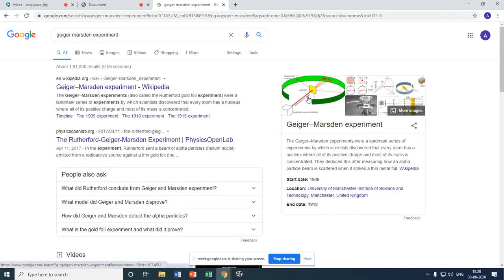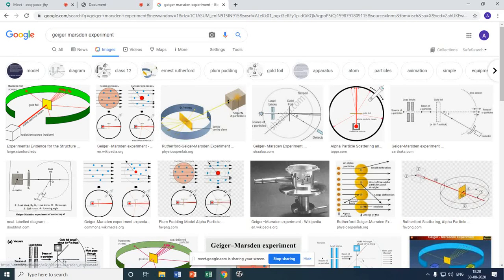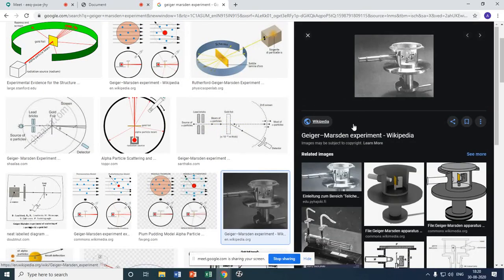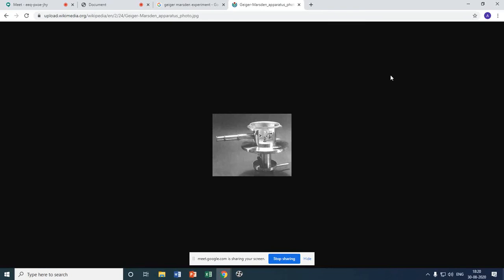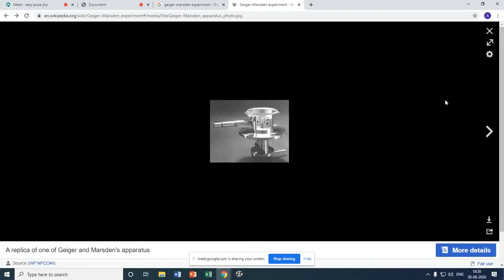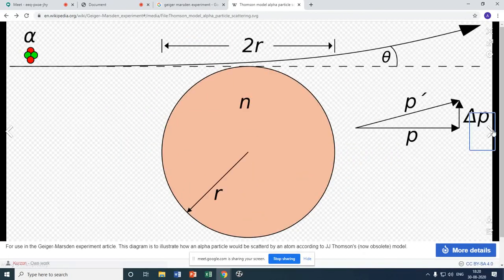I just want to show you this picture of the Geiger-Marsden experiment. This is the actual one. You can see the alpha particles getting scattered, this is the scattering angle.